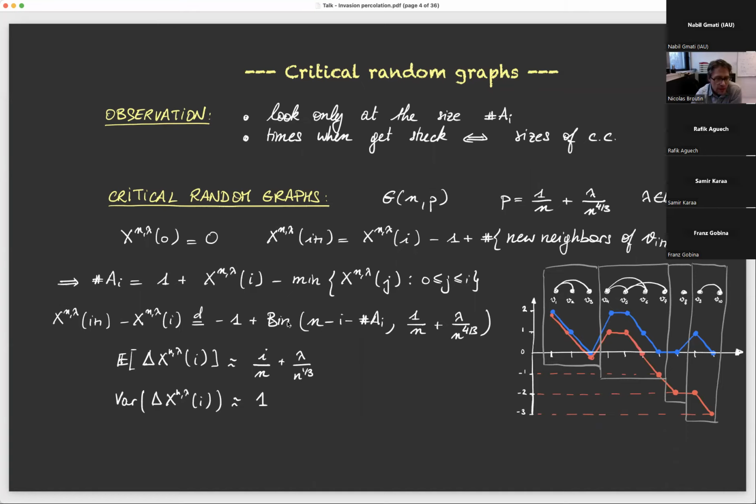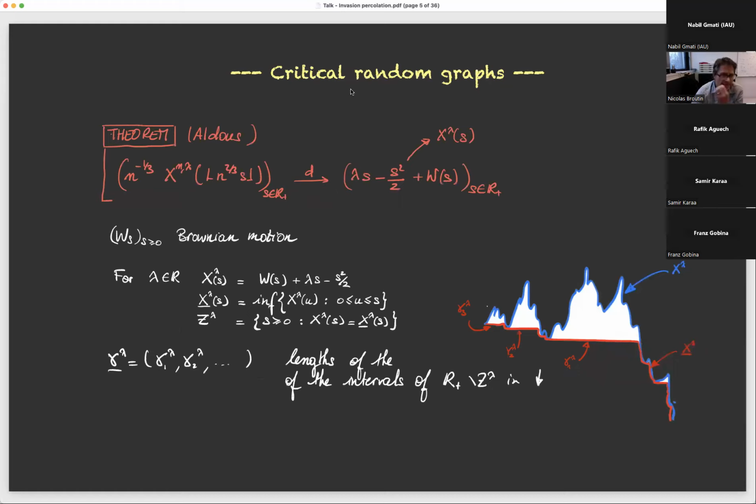And it's easy to see that if you just look at the expected value and variance of the increment, the expected value is about i over n plus lambda n to the minus 1/3, and the variance is 1, which means that if you rescale properly, you will find the following result. This is exactly what Aldous did.